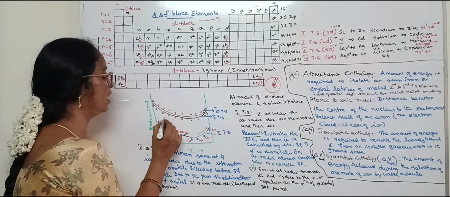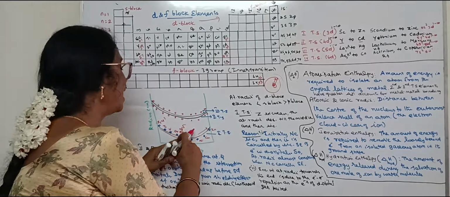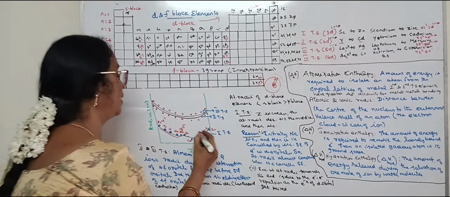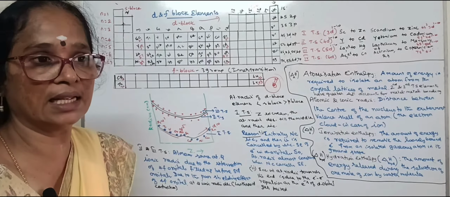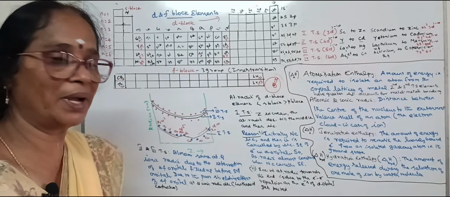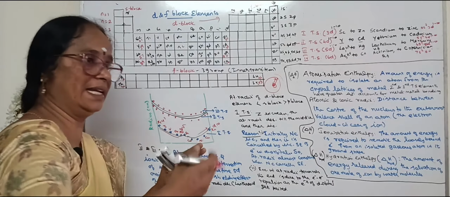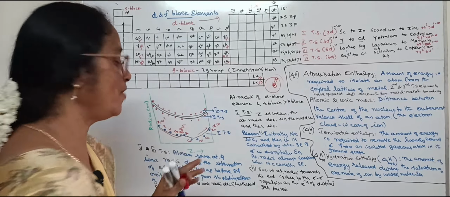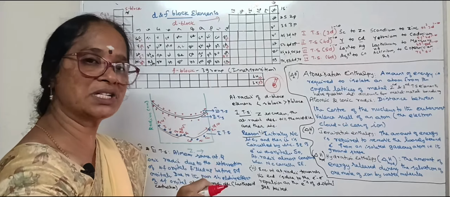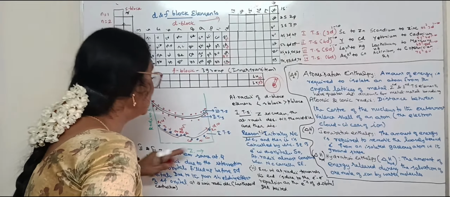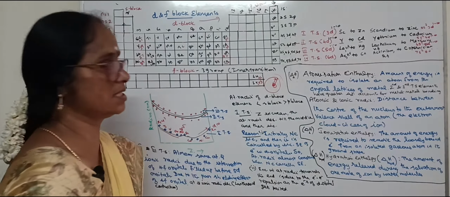Scandium has d1 and manganese has d5. After manganese till zinc, what happens? The d5 becomes d10 as far as zinc is concerned. The d orbitals after crossing manganese get paired up. So when we move from iron to zinc, the electronic repulsion causes the increase in atomic radii at the end of the series.